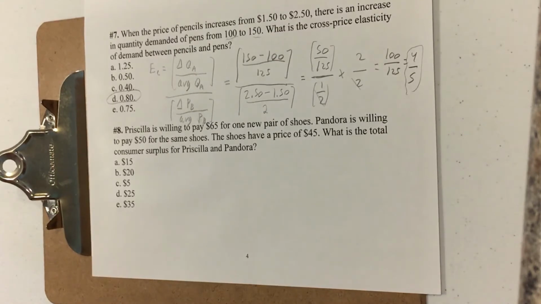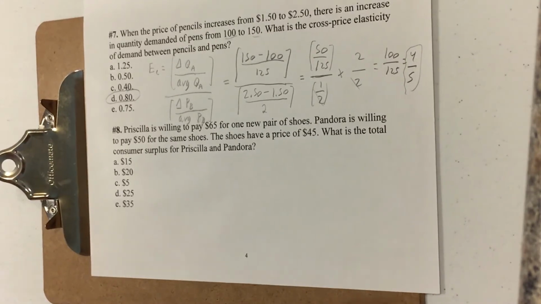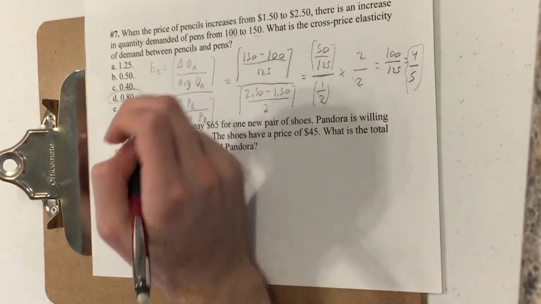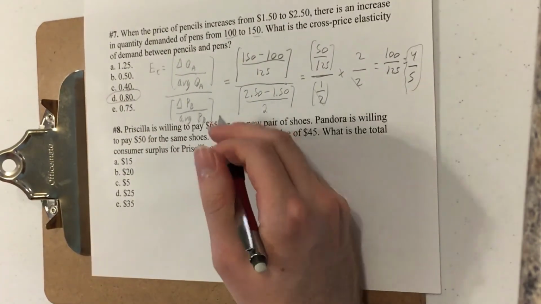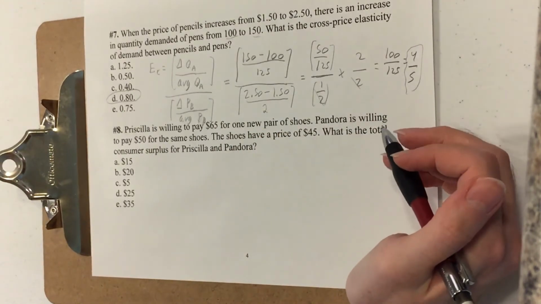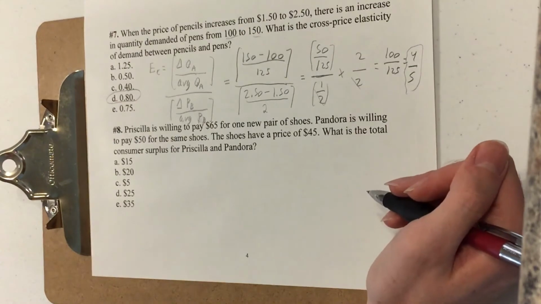So because that cross-price elasticity is positive, you can tell pencils and pens are substitutes. So you typically use one or the other, but you might not be buying both of them. If the cross-price elasticity were negative, that'd be when you have complements, things like hot dogs and hot dog buns, which go together.